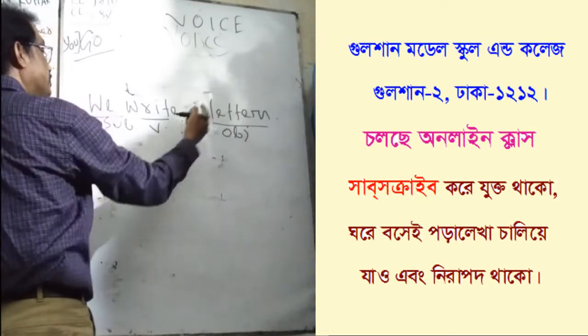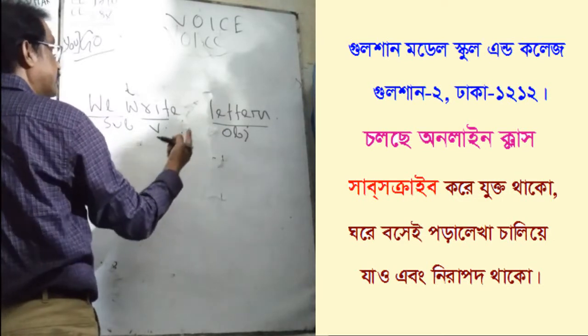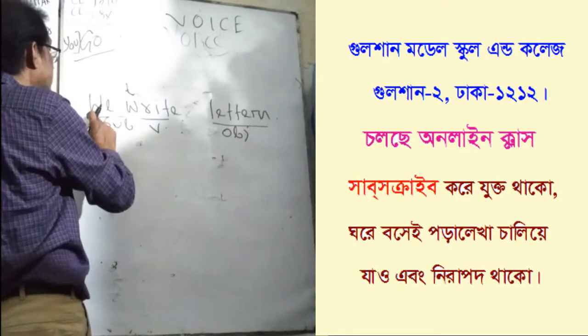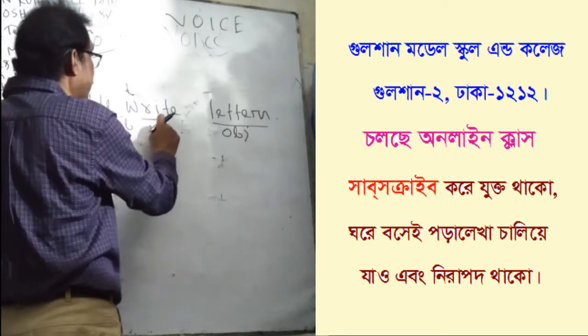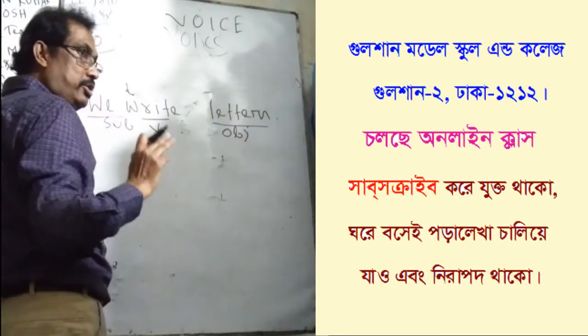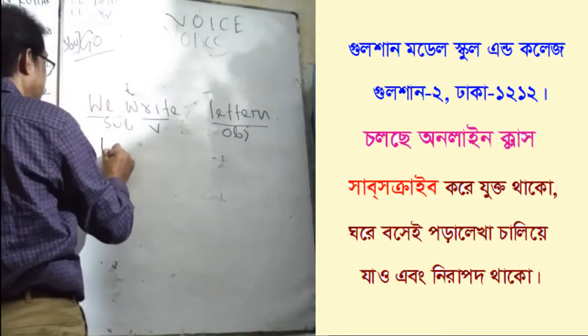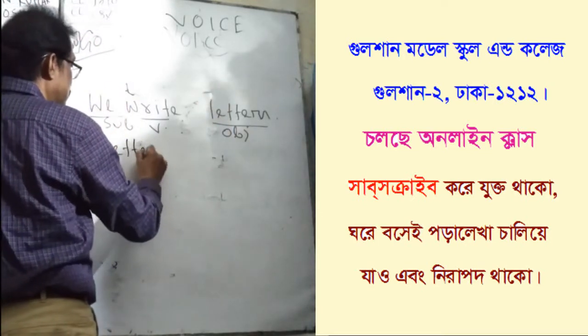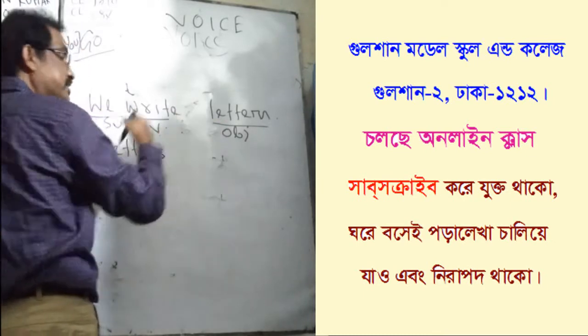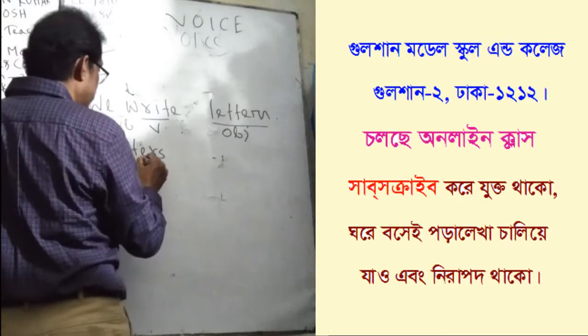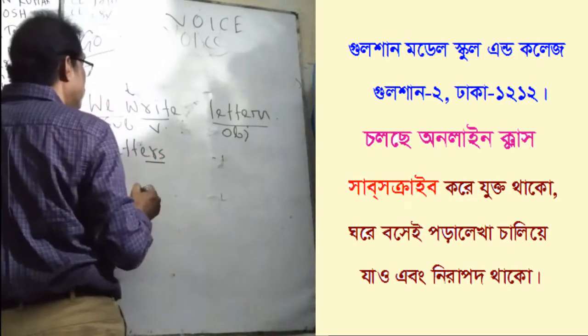You have to bring the object into the subject position. Here the subject is we, then the verb, then the object, letters. The object will be the subject. Letters, you see, is plural.